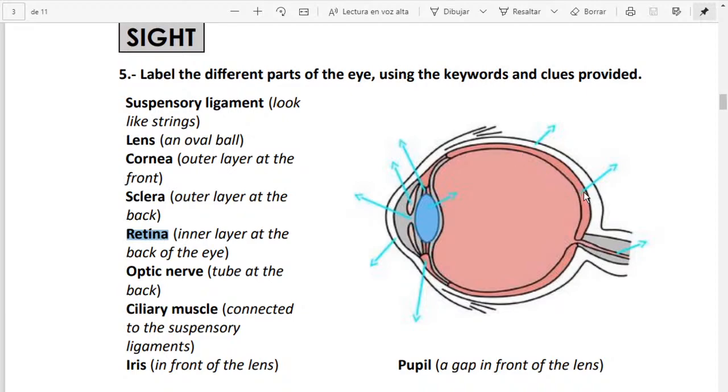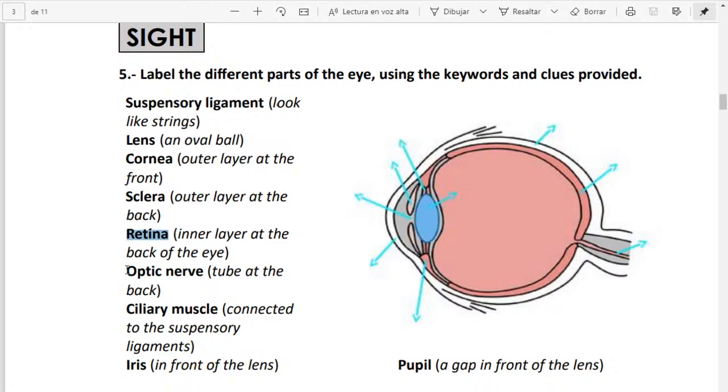Rods are responsible for darkness or brightness, and cones are responsible for colors. Related to this arrow, you have to write here, on this part, retina.